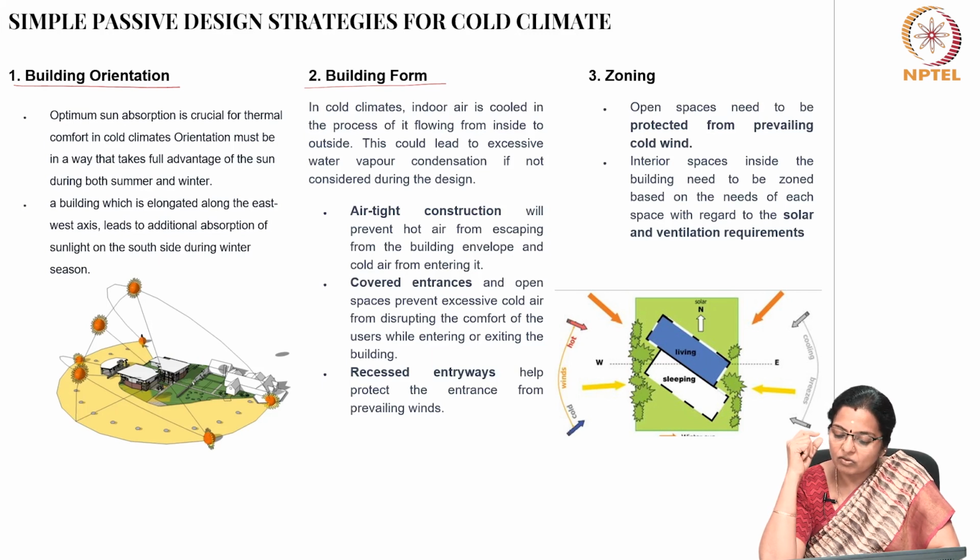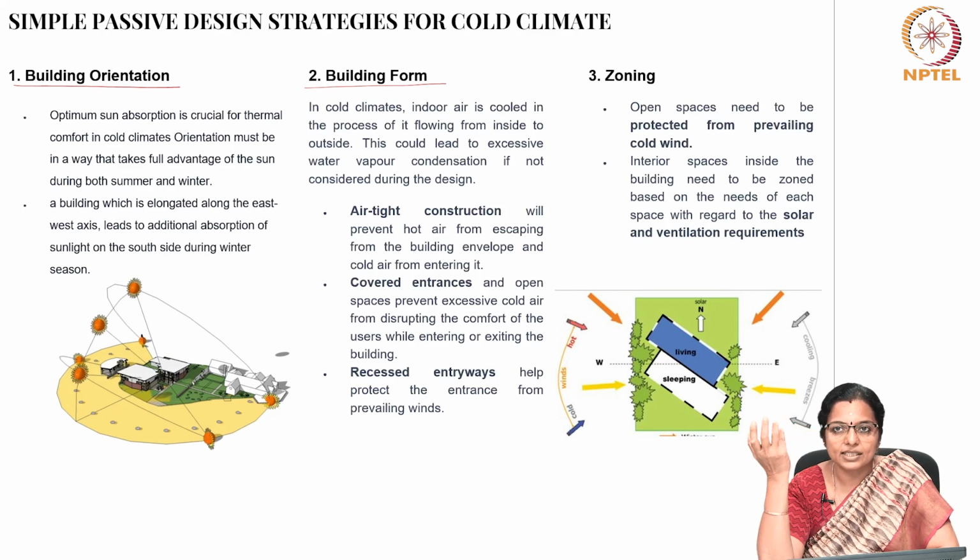Second is to have covered entrances and open spaces as they can prevent excessive cold air from disrupting the comfort of the user while entering or exiting the building. Third is to have recessed entryways which help protect the entrance from prevailing winds.